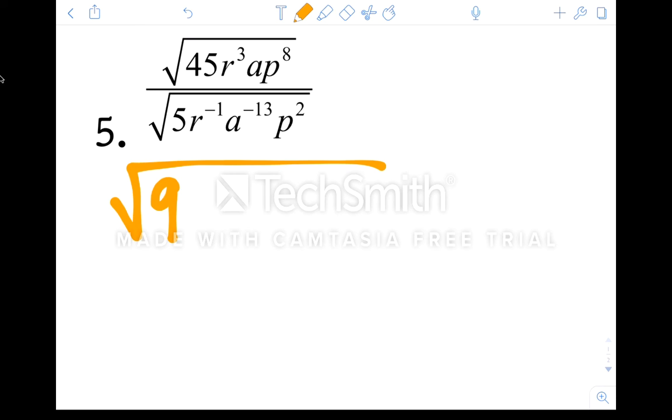So r to the 3rd divided by r to the negative 1, I'm going to do 3 minus negative 1, which is the same as 3 plus 1, which is 4. A to the 1st divided by a to the negative 13th, so 1 minus negative 13, which is the same as 1 plus 13. So I have a to the 14th. And then p to the 8th divided by p squared, 8 minus 2 is 6, so I have p to the 6th.